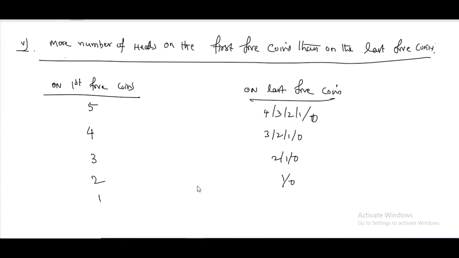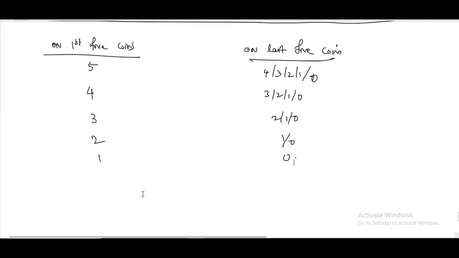If I take 1 here, then 0 heads. So out of 5 coins, 5 heads can be selected in 5C5 ways, into the summation of R from 0 to 4 of 5CR, because up to 4 coins only we can select out of 5 coins.